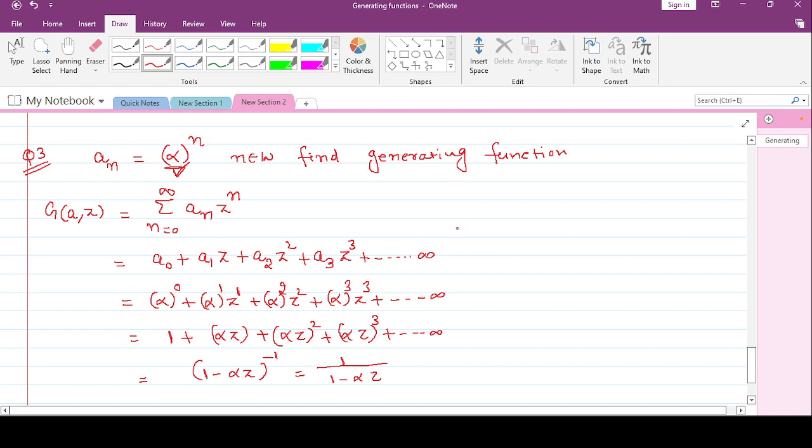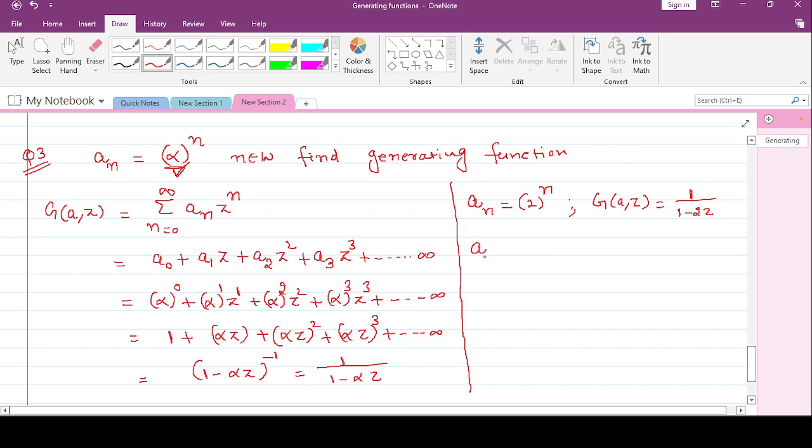Okay, so you see that if somebody gives you this sequence, an equal to 2 raised to the power n, then for this we can say that the generating function is of the form 1 by 1 minus 2z.